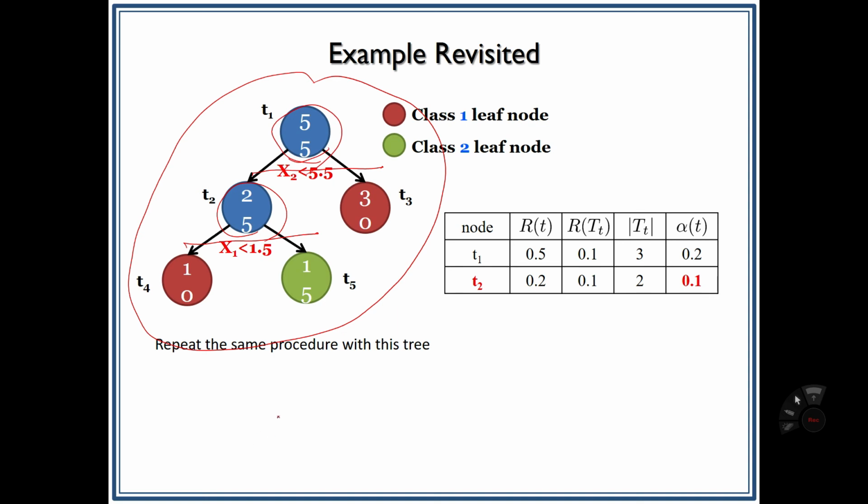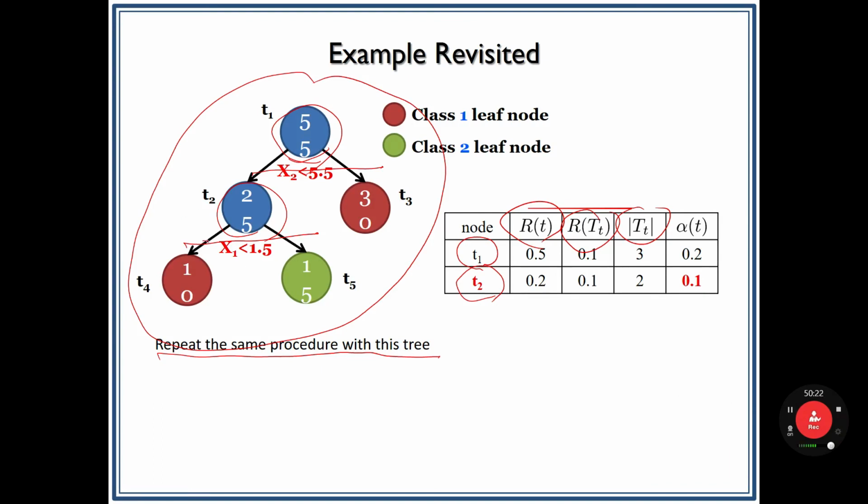Actually, because of the size of this example, at this step it's almost done, but actually we can repeat this procedure many times in a real, complex tree. Repeat the same procedure with this tree. Then for this one declared as a leaf node, and this one declared as a root node, we can compute these three values, but let us take a look at the numbers.